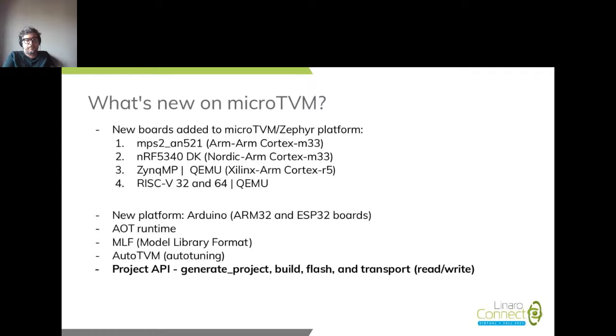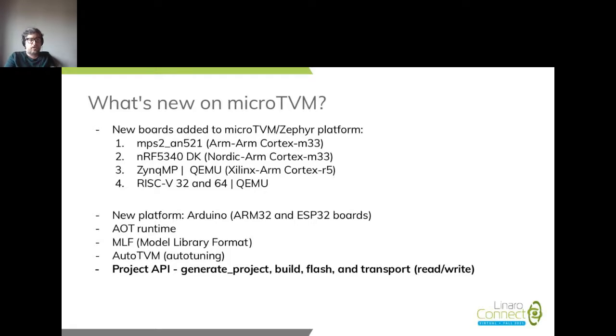There is a new format that can be used to export a compiled model. When you compile a model, it will at some point generate C source for the operators that can then be cross-compiled to a given target, as I mentioned. So that model library format is basically a package which will be used by TVM to hold those source files. And this is particularly interesting for microTVM.